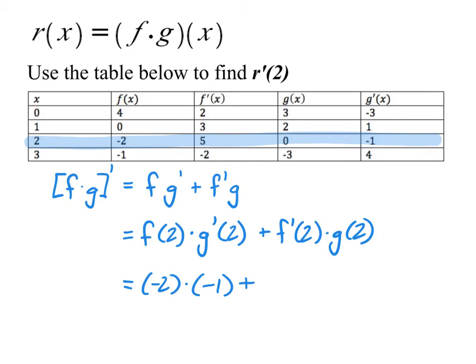And then f prime of 2, I can see that number is 5 in the table. And then g of 2, I can see that number is 0 in the table. So I'm going to end up doing negative 2 times negative 1, which is a positive 2, plus 5 times 0. And 5 times 0, of course, is 0. So the whole thing just equals 2. And we're done. That's what we're looking for with this.